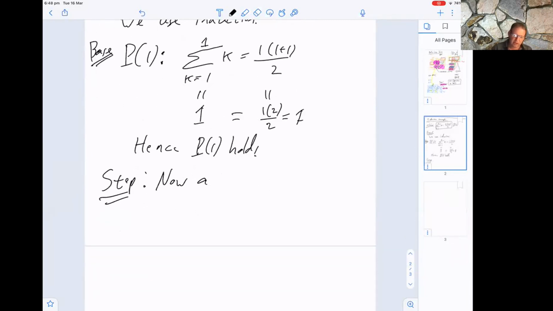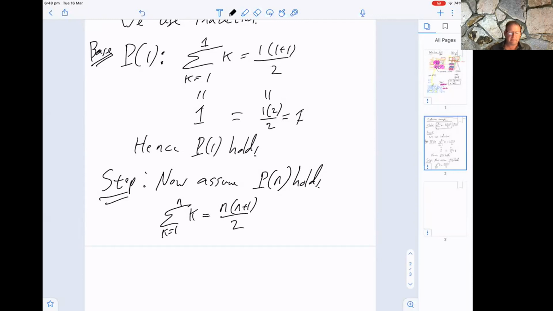Now assume P of n holds. What does it mean that P of n holds? It means that the sum of k from 1 to n of k is n times (n plus 1) over 2. Assume that holds.